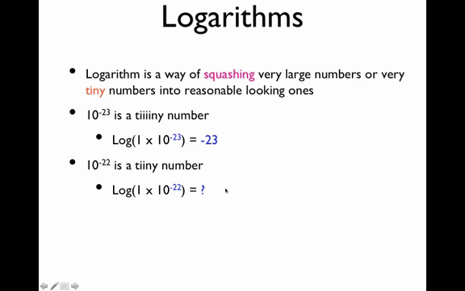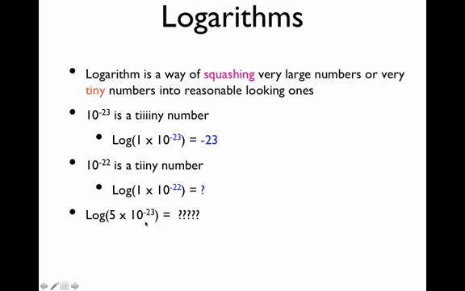So we can play a similar game and we can pick a number that's somewhere in between this number and this number. And the number that I picked is 5 times 10 to the minus 23. 5 times 10 to the minus 23 is 5 times bigger than this number up here. It's also 2 times smaller than this number over here.